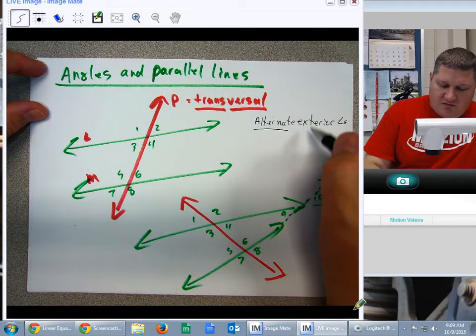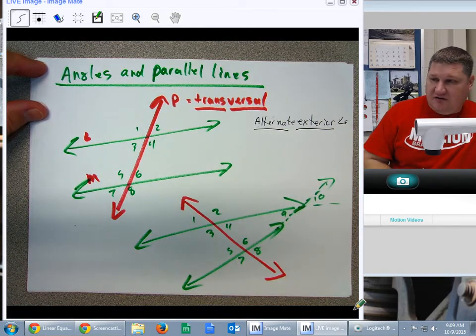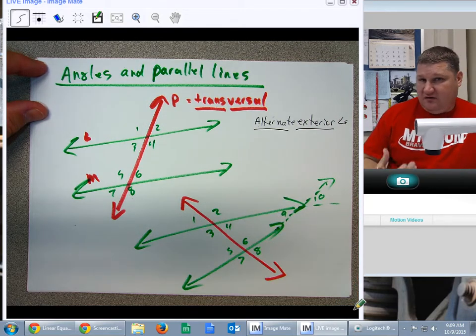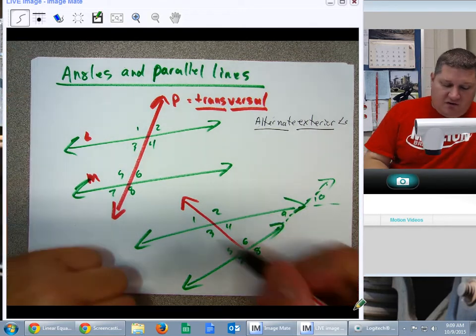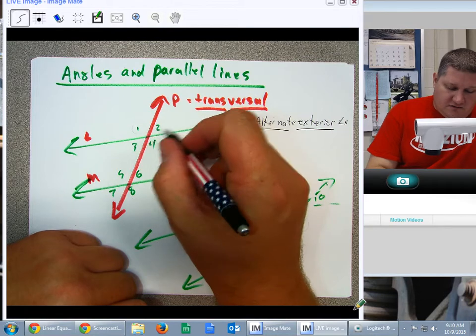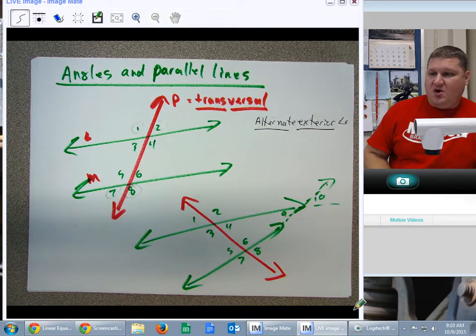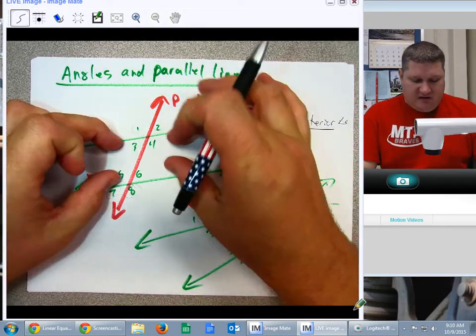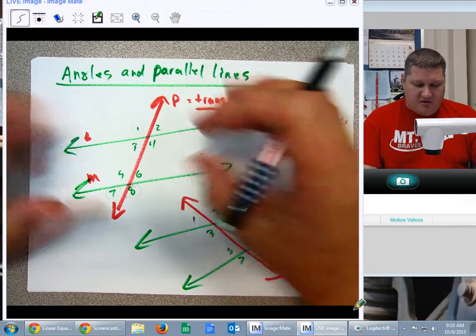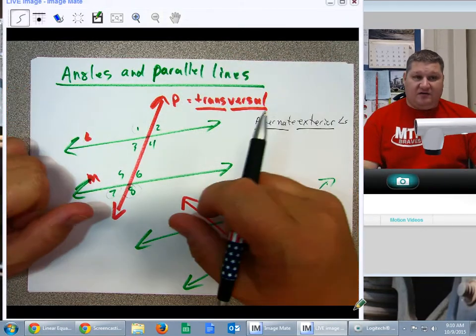Okay, now let's talk about the next word, exterior. Exterior means outside. So in this case, 1, 2, 7, and 8 would be exterior angles because they are outside the parallel lines. Outside, exterior.